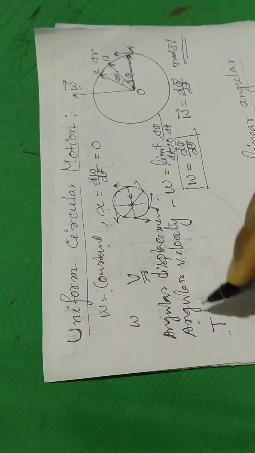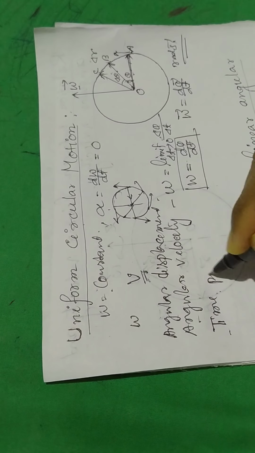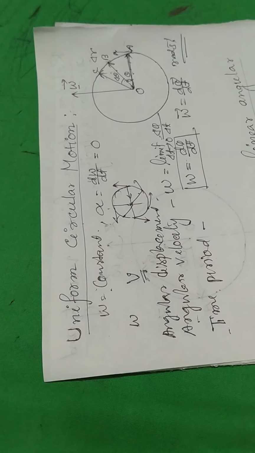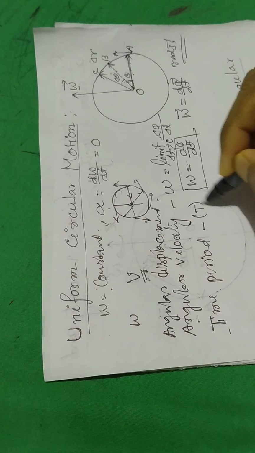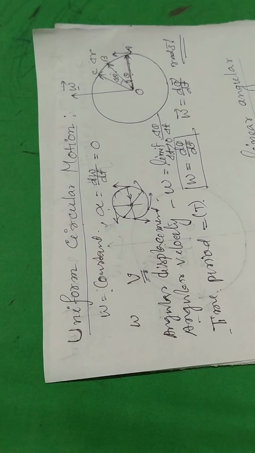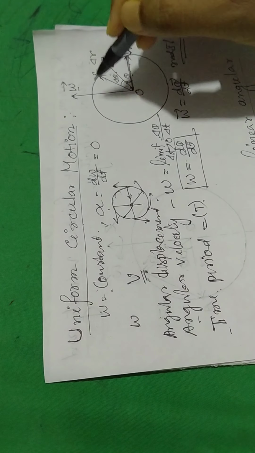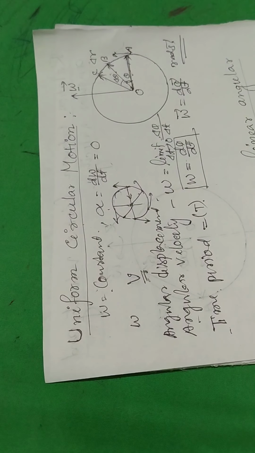Capital T, what is time period? Time period is denoted by capital T. The time taken by an object in circular motion to complete one revolution is called time period.